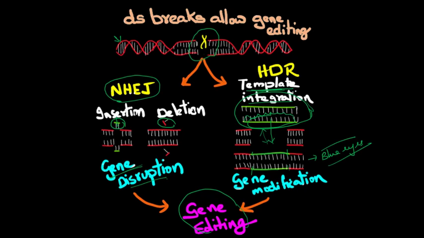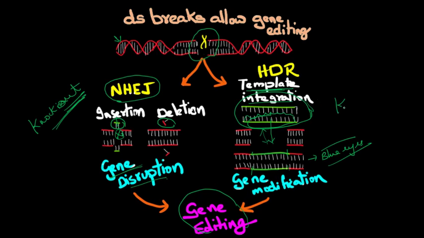Anyway, this is what you call knockout. Knockout is when you knock out an expression that is already present due to a gene, and the expression of the gene is blocked or removed. That is knockout.